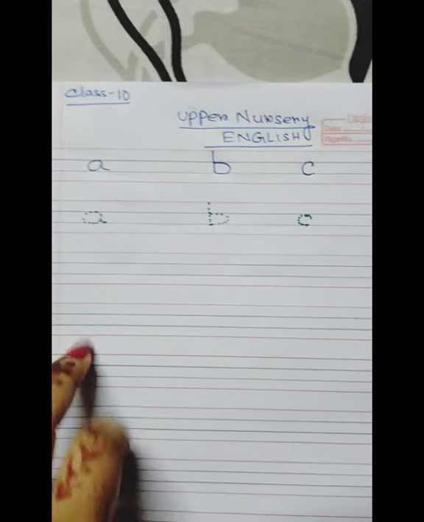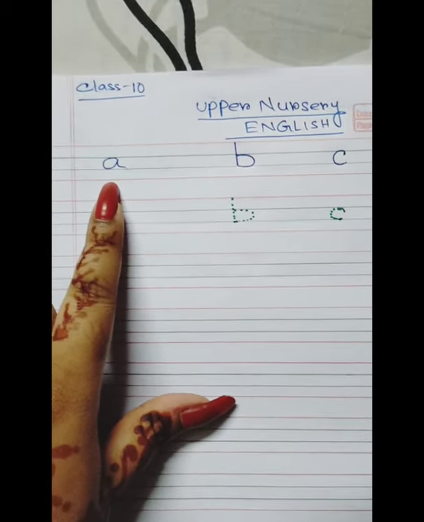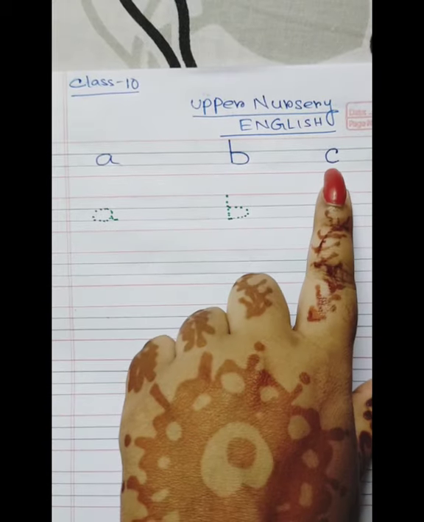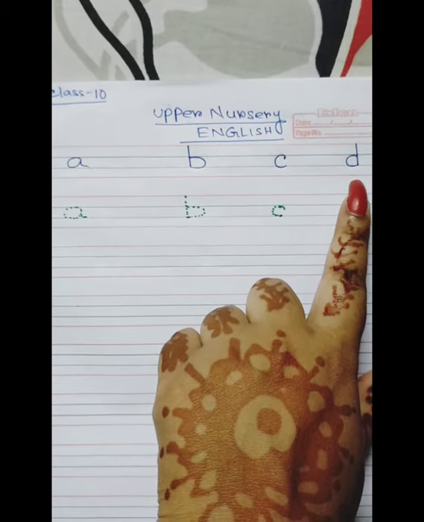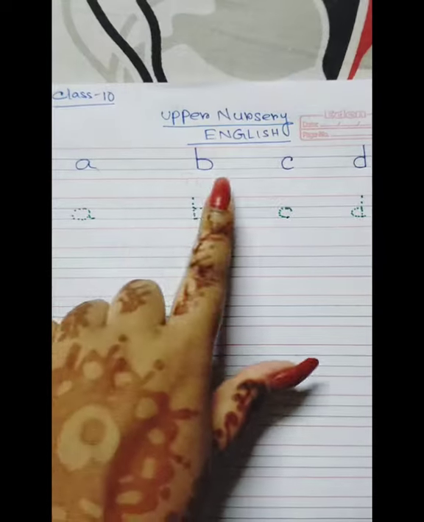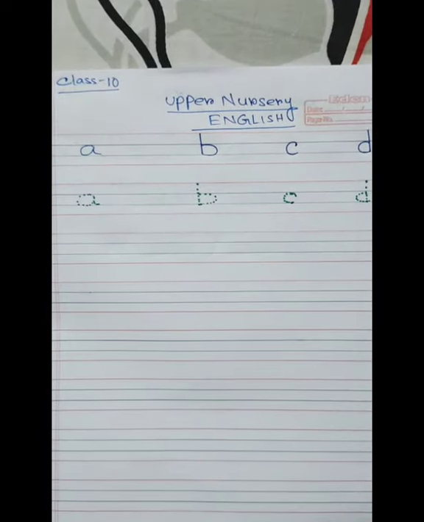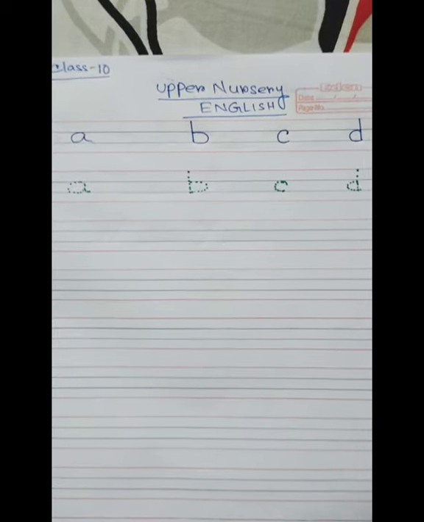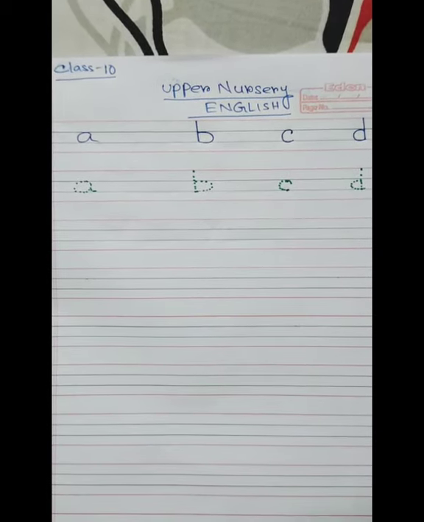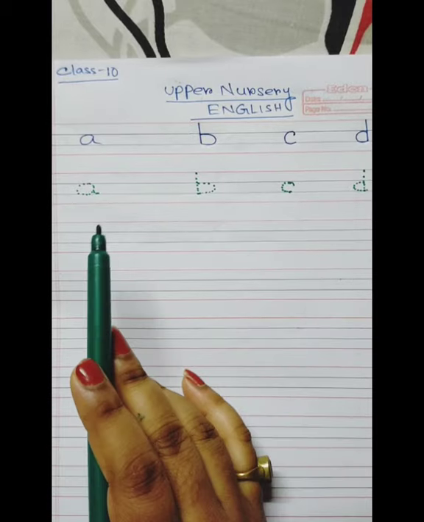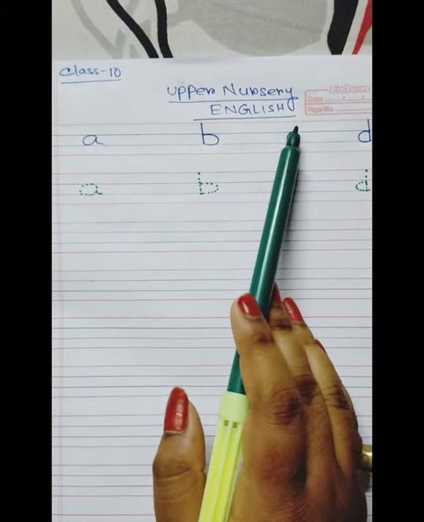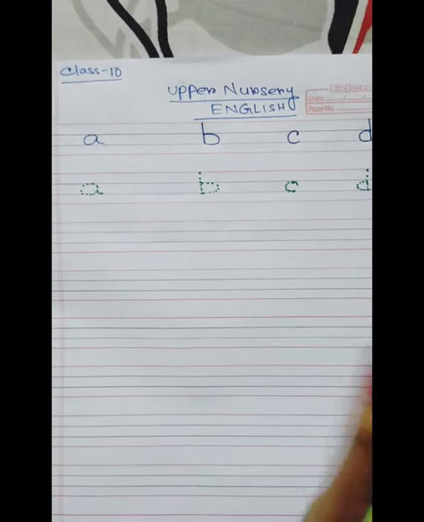See, here comes as it is A, B, C and D. These are also A, B, C, D but in small letters. So let me teach you how to write this A, B, C, D. How will you write?